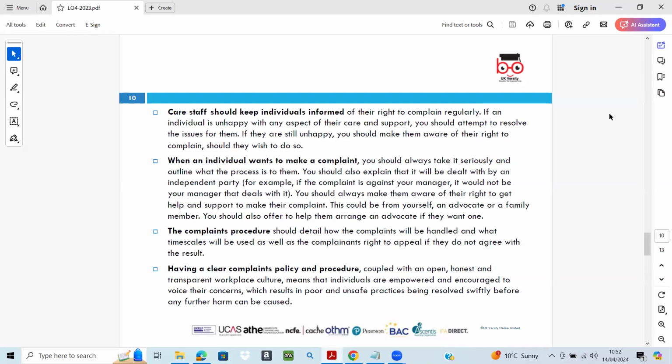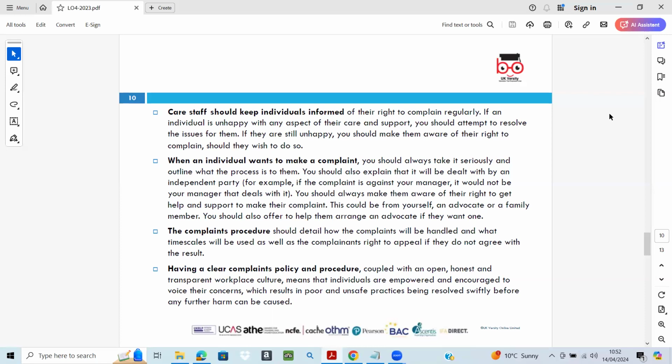We will discuss the crucial role that care staff play in the complaint process. It's important not only to have a clear complaint procedure but also to actively support individuals in understanding and using it. We'll start with the importance of keeping individuals informed about their right to complain.